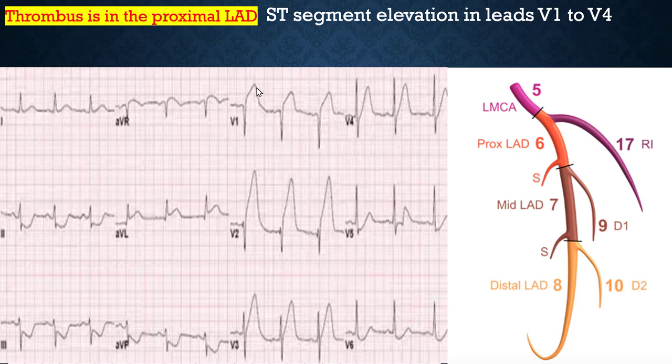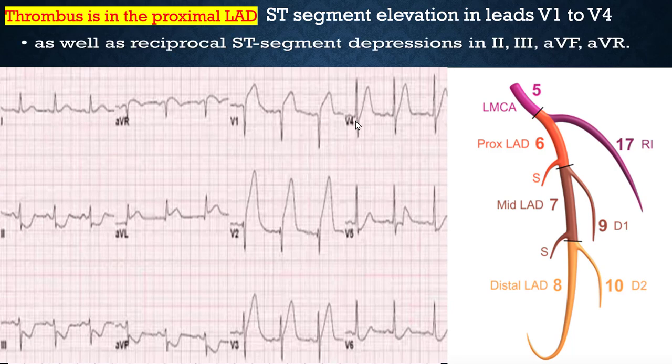You can see that here is the ST segment elevation in these leads, as well as reciprocal ST segment depression in 2, 3, AVF and AVR. Here you can see that in lead 2, lead 3 and AVF leads there is ST depression.